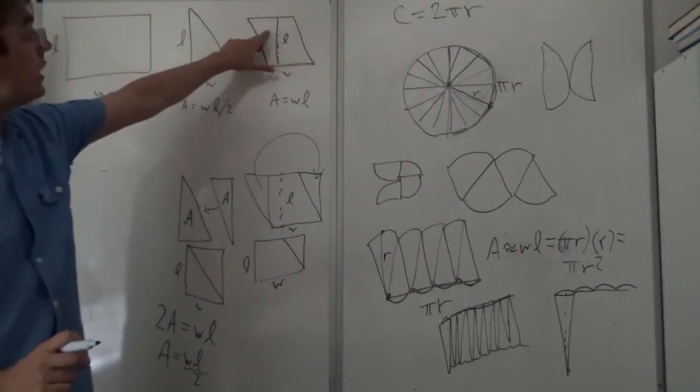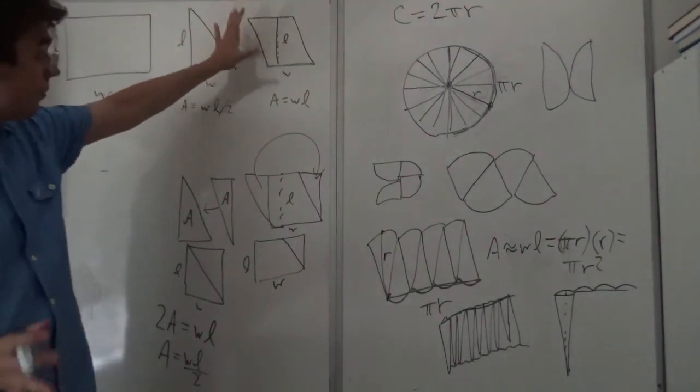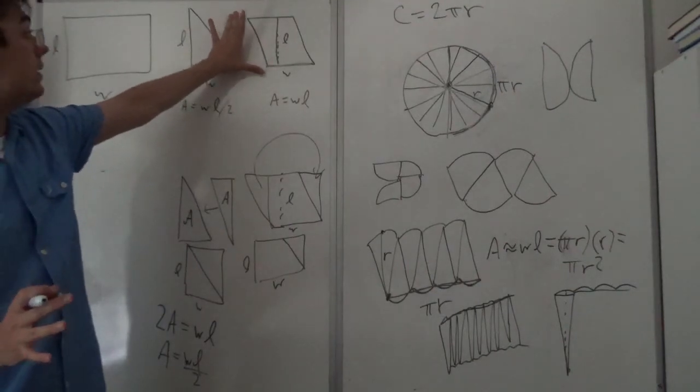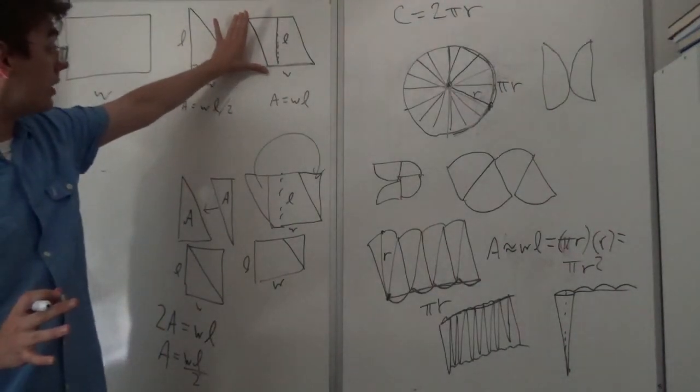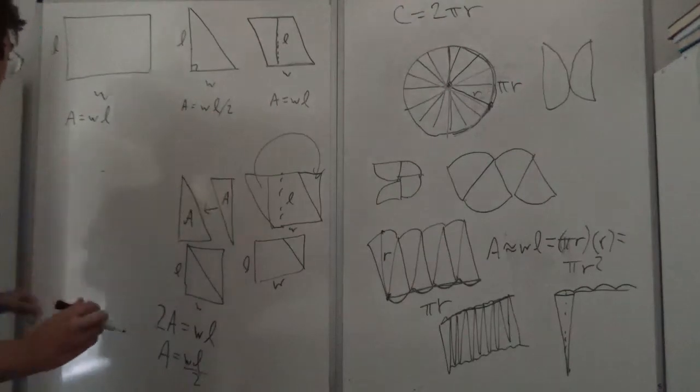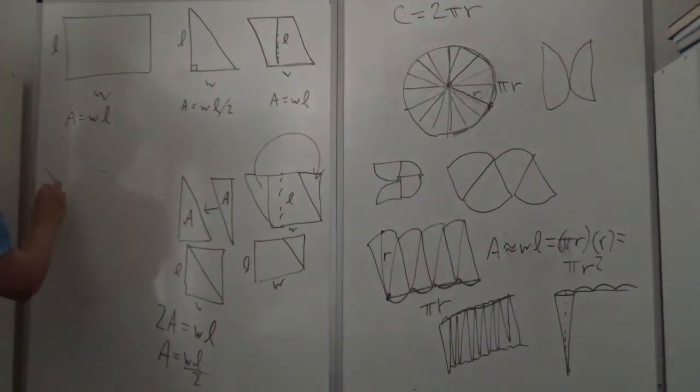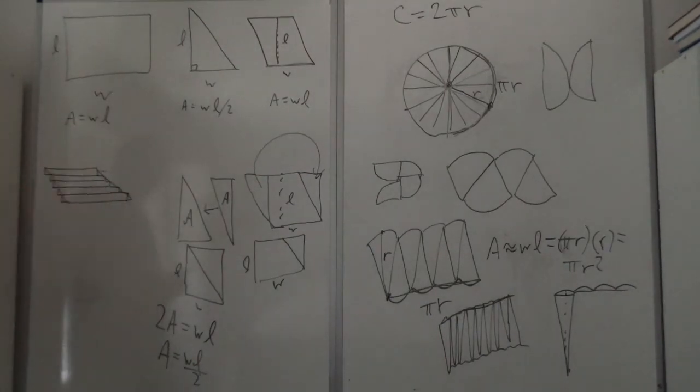One way they reasoned that the area of a parallelogram is equal to width times length is they said, well, what if we made the parallelogram out of a bunch of little squares like this. Rectangles, excuse me. That's roughly the same thing.